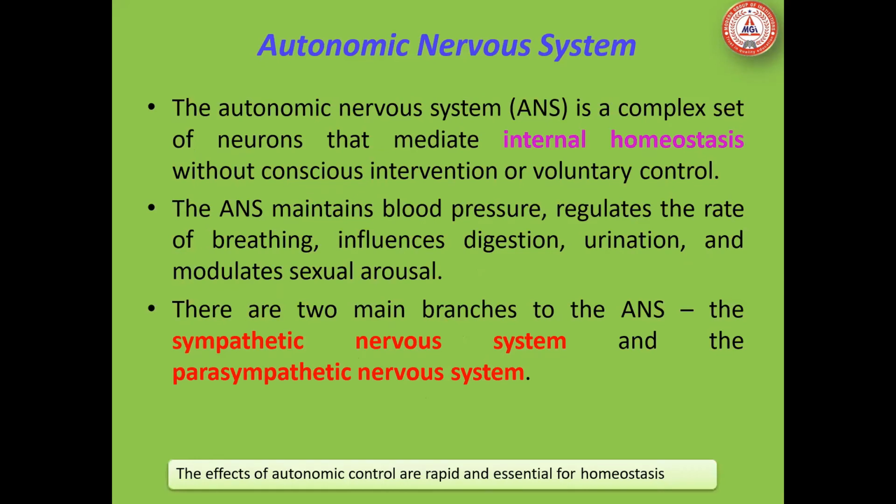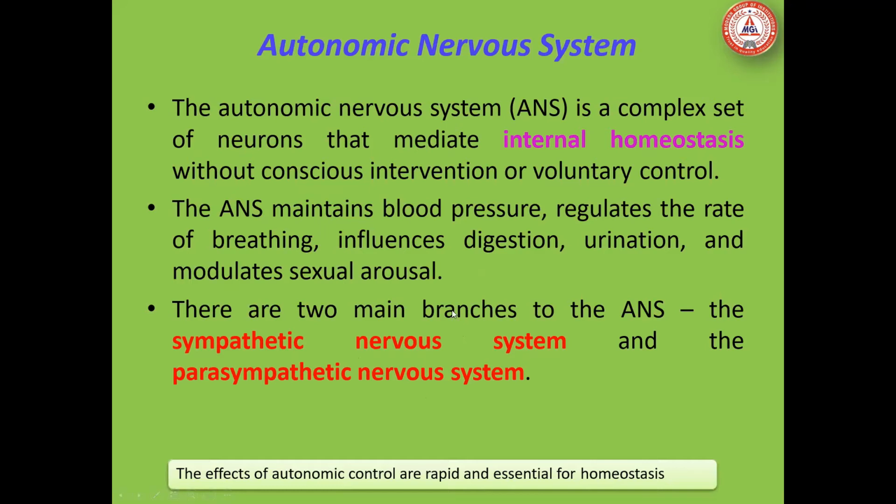The autonomic nervous system is a complex of various neurons mediating internal homeostasis, without conscious intervention or voluntary control. The autonomic nervous system maintains blood pressure, regulates rate of breathing, influences digestion, urination, and modulates sexual arousal.